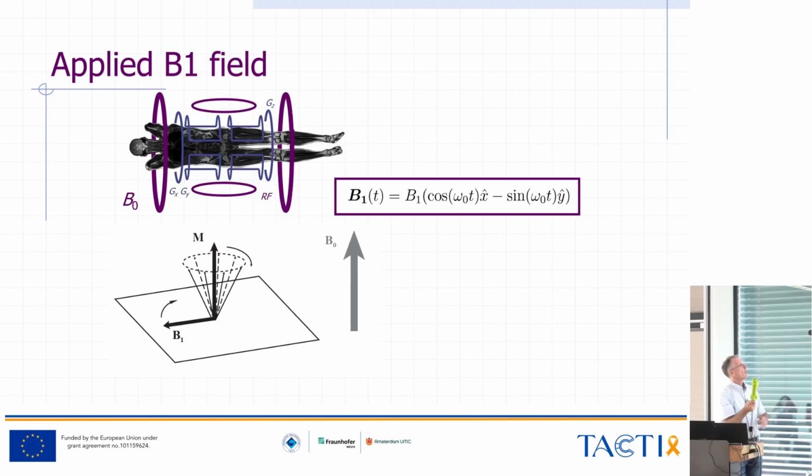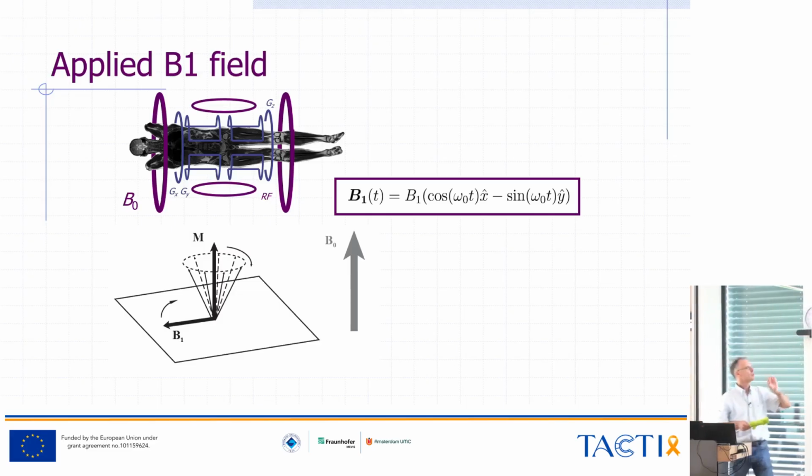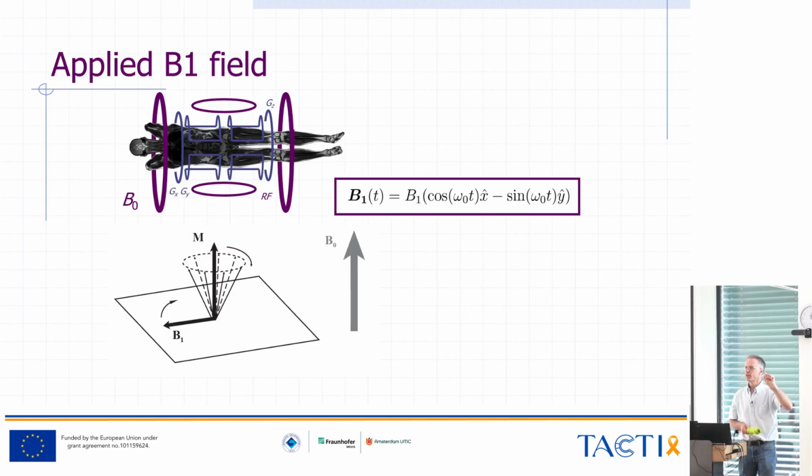But now it's pretty simple. Even though we are applying a high frequency RF pulse, in the rotating frame it feels just like a constant magnetic field. Although in the laboratory frame it's oscillating 128 million times per second, in the rotating frame it's static. It's just switching on an additional magnetic field.